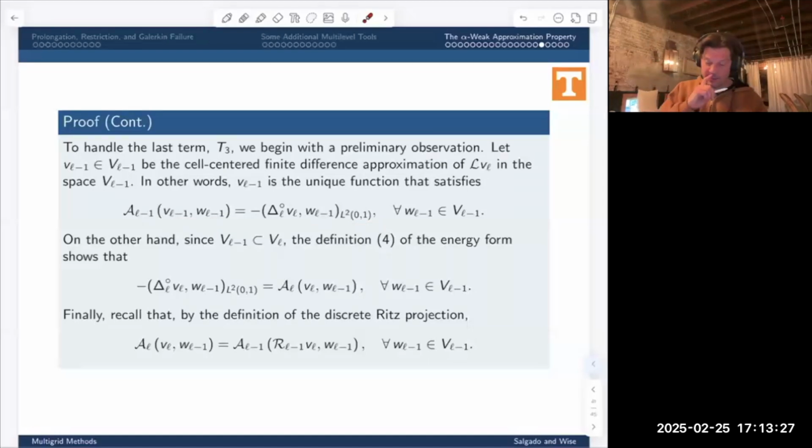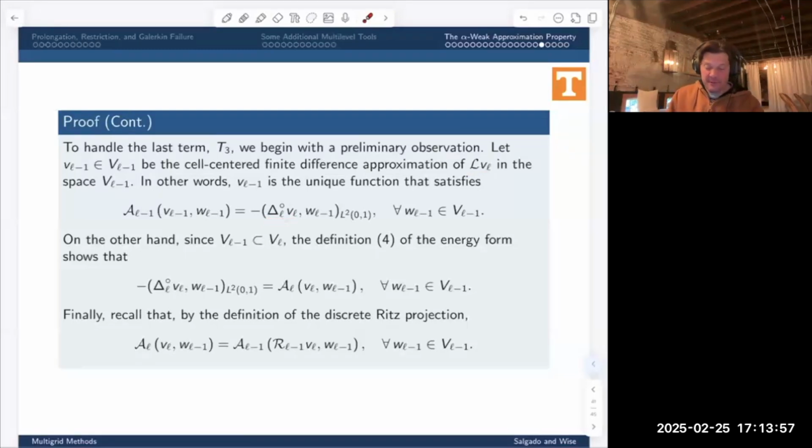Okay, because this is just our f function, and this is our weak formulation of our Poisson problem, but in the cell-centered finite difference setting. So this is going to be our finite difference approximation of this function here. And for this function, we just need to know what is your f, and the f is precisely that.